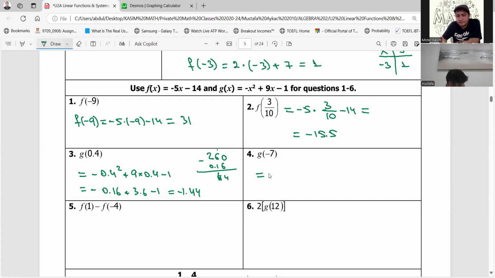Calculate on the paper, then we'll check the answer together. Okay.